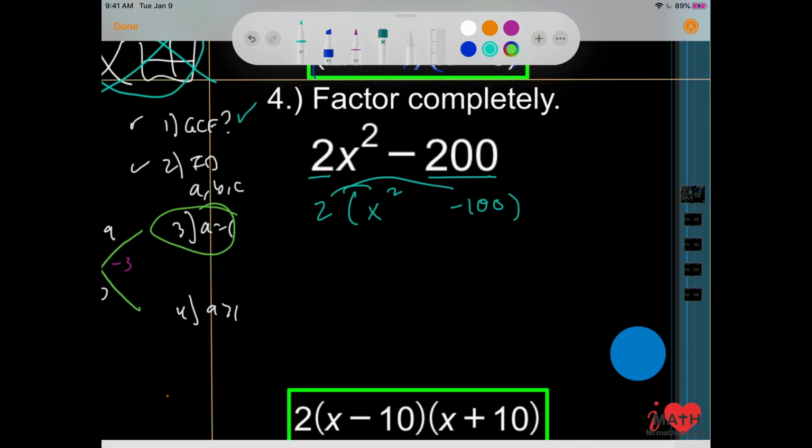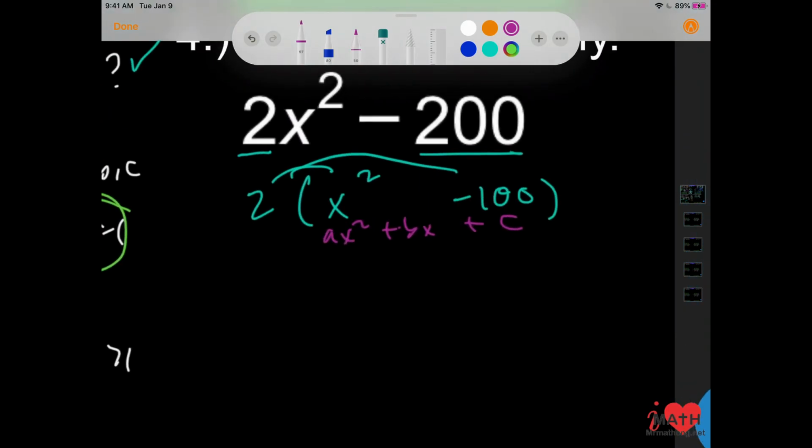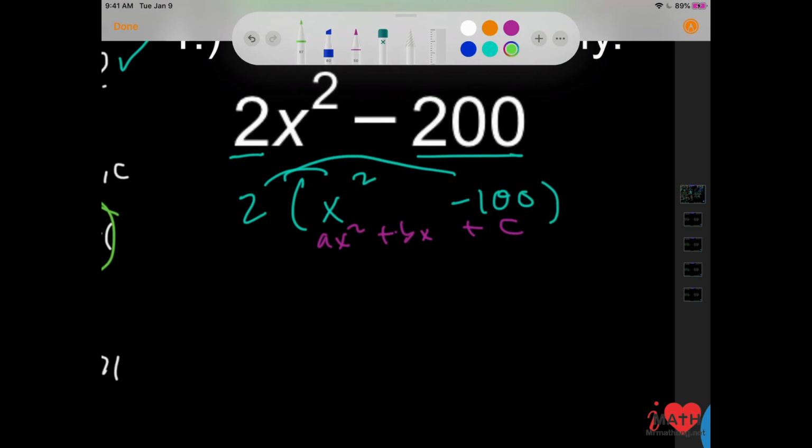Okay, you have the same problem as in the previous problem: if you write out standard form, they're in pink, you'll notice I'm missing that middle term right here. And so the one that goes there is actually a 0x, okay? So a is the number in front of x squared, b is the number in front of x, and c is just the number or constant, okay?